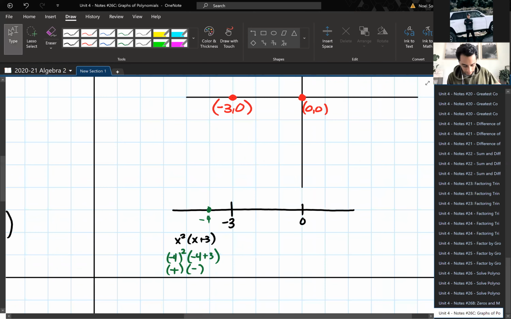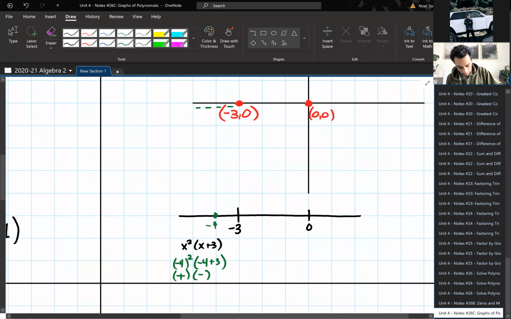So that tells me that to the left of -3, my graph is going to be down here underneath the x-axis. So part of my sketch would be, okay, to the left of -3, my curve is below the x-axis. That's what my sign analysis tells me. The -4 is a test point.